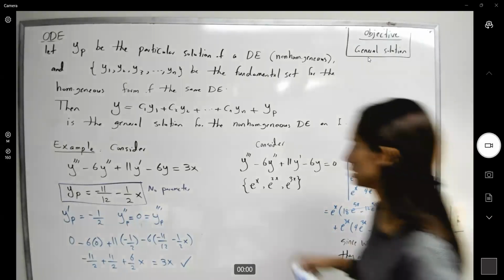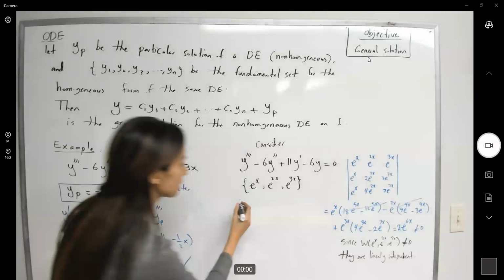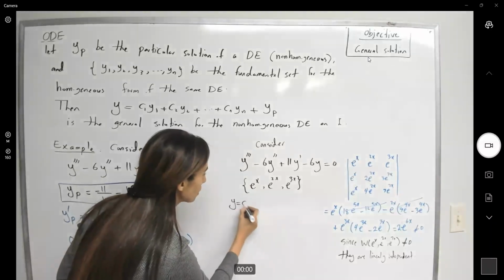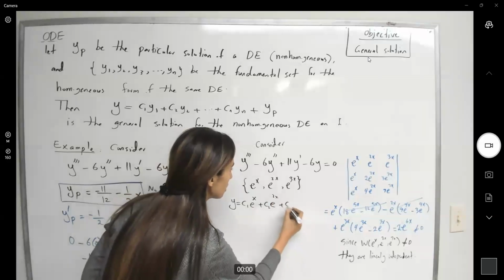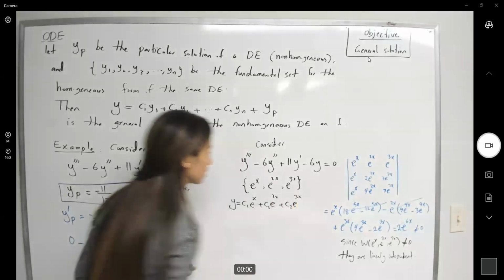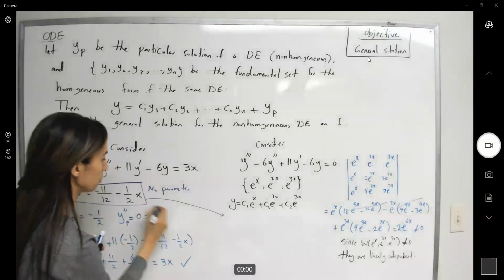So it means that the general solution using the fundamental set is y equals c1 e to the x plus c2 e to 2x plus c3 e to 3x. Now that you have a particular solution, you have to combine them together.